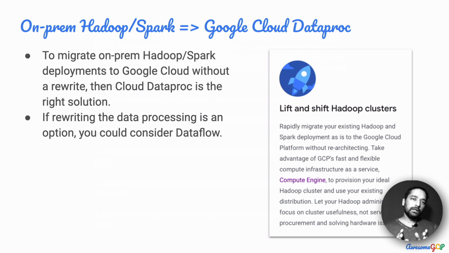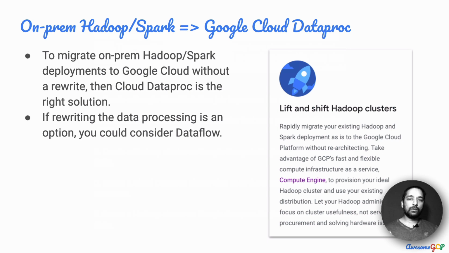There's one thing we need to know about migrating on-prem Hadoop or Spark to Google Cloud. When you need to do this, and if it's a lift and shift operation, which is essentially whatever you had on-prem, you want to replicate that on the cloud, then the right option within Google Cloud is Cloud Dataproc.